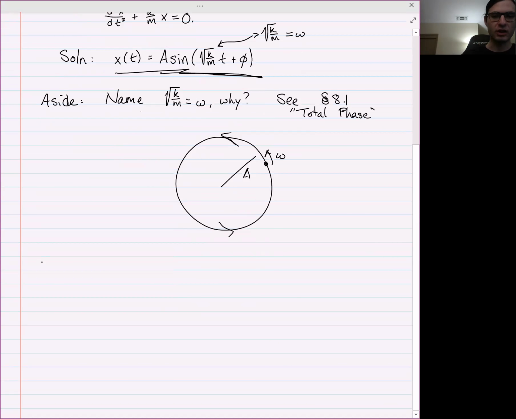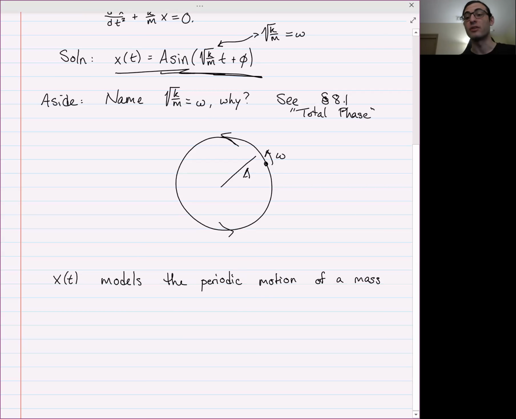So let's just think back to the original system that we were talking about. So x of t is supposed to model the periodic motion of a mass on a spring. That's the point.